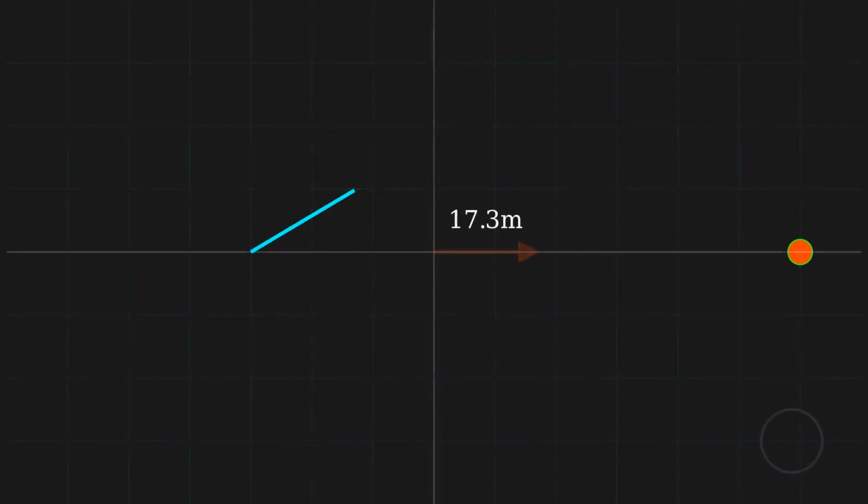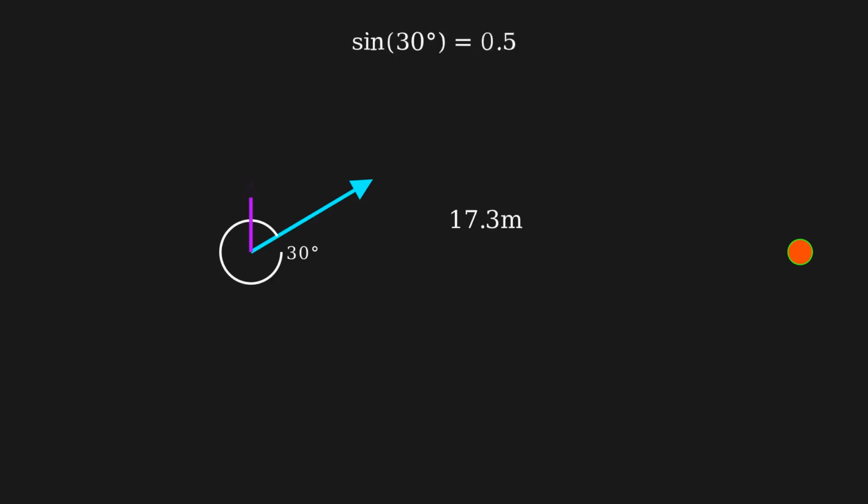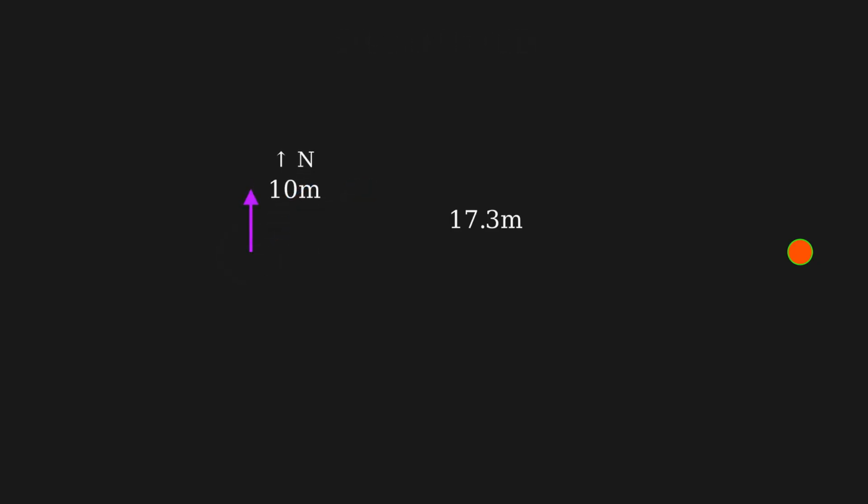That's 20 times 0.866, which equals 17.3 meters east. The y component is 20 sine 30. That's 20 times 0.5, which equals 10 meters north. So our hiker's path is broken into a neat pair: 17.3 meters east, 10 meters north.